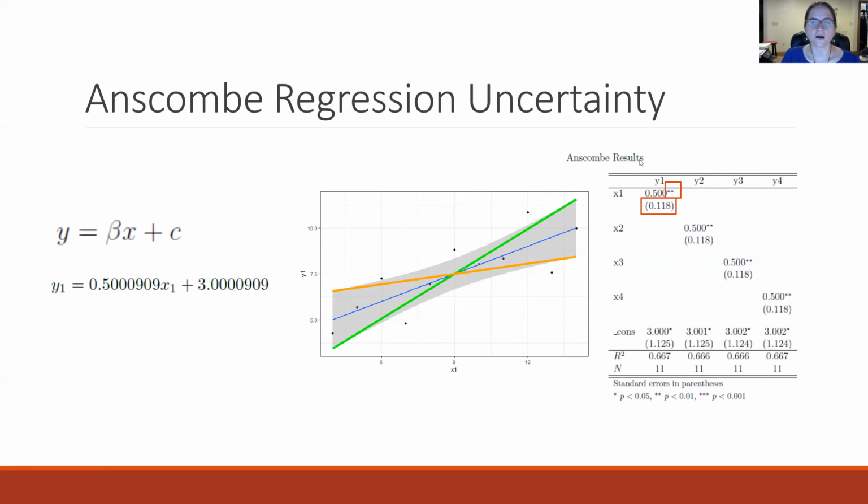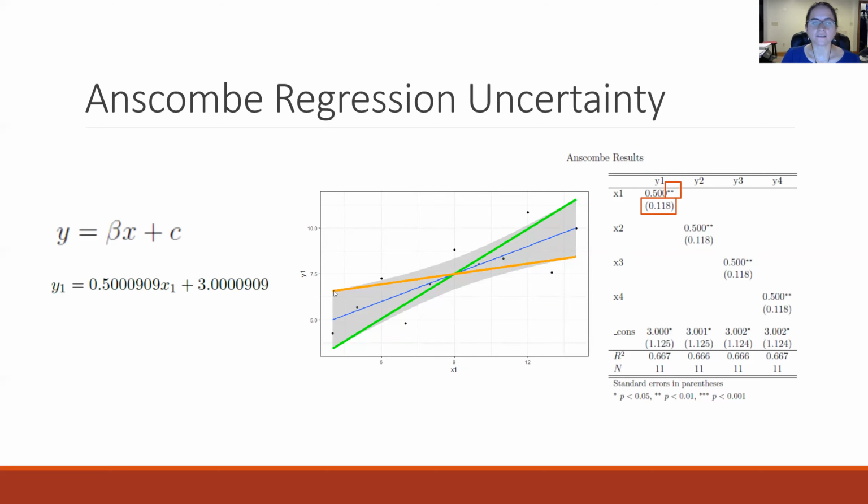So we have stars on this first estimate of 0.500, which means that we believe that this estimate is truly positive. Why do we believe it's truly positive? Well, one way to visualize this is to draw a line within this gray bar. This gray bar indicates the uncertainty in the model. It's a 95% confidence interval for the best fit regression line.